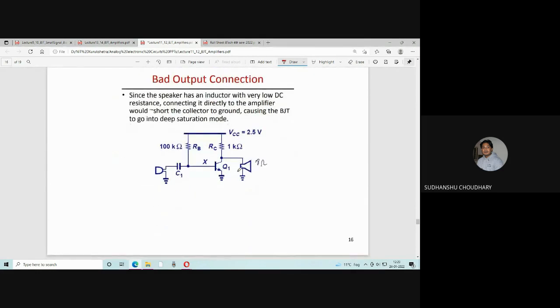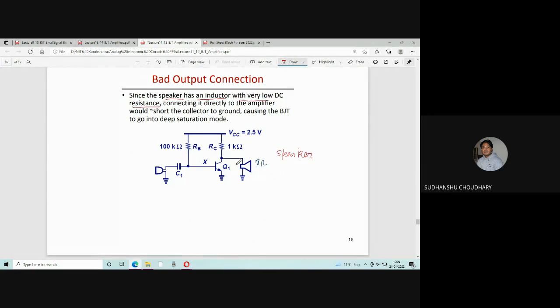Now, similar to the bad input connection, a user can make a bad output connection also, like this, where the collector is directly connected to a speaker. Again, the speaker has an inductor with a very low DC resistance.